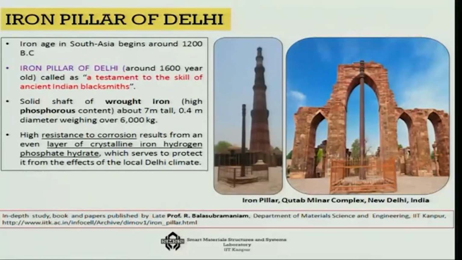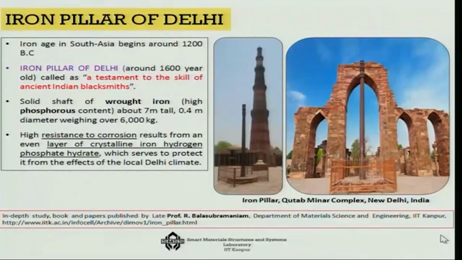If you check this particular system, in this reference you will see that there is a layer of crystalline iron hydrogen phosphate hydrate, which serves to protect it from the effects of the Delhi climate. So, that was a very interesting part of the early applications of iron for making various types of products.